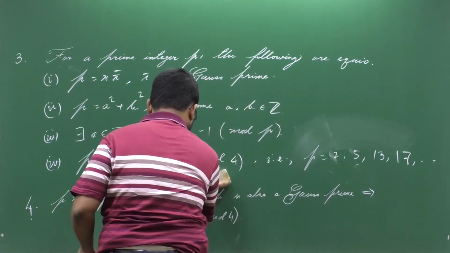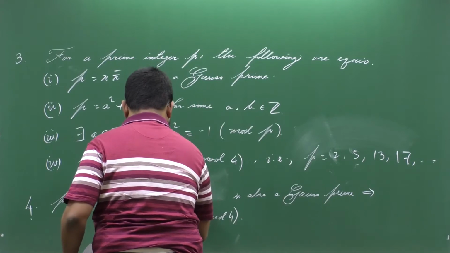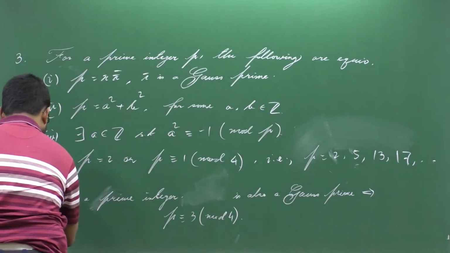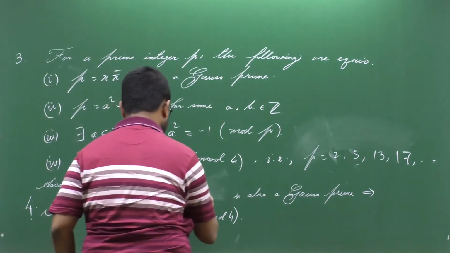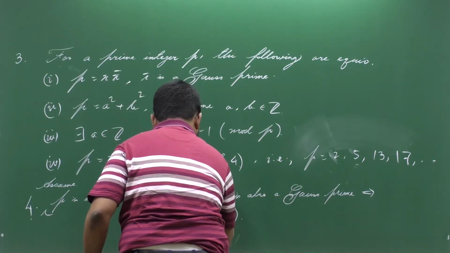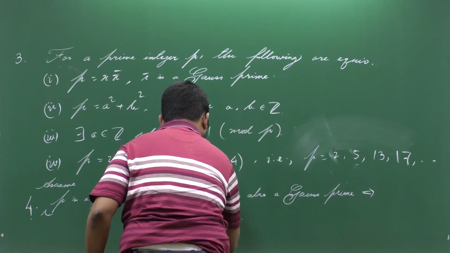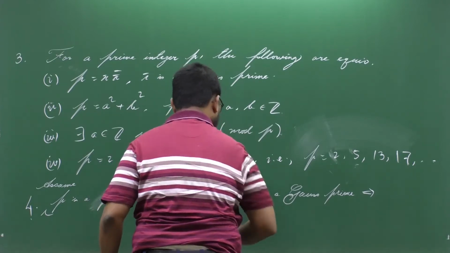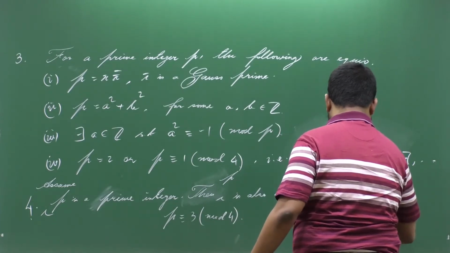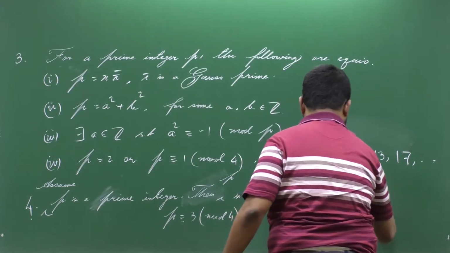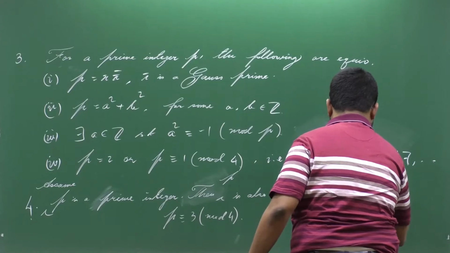I think I should put it in this way. Let p be a prime integer. Then p is also a Gaussian prime if and only if it is congruent to 3 modulo 4.